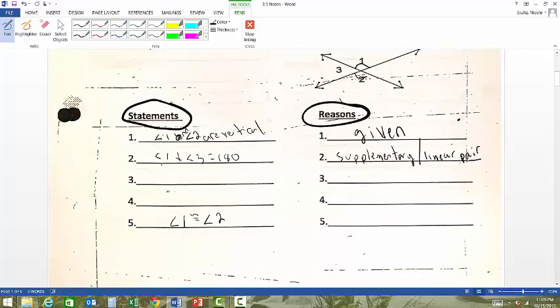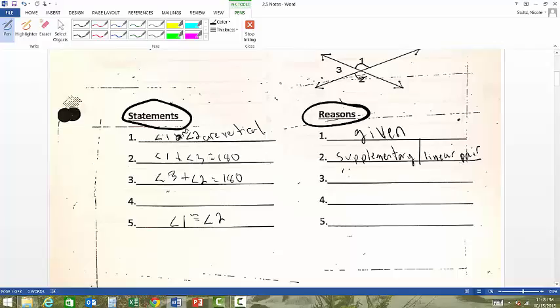So we've got angle 1 involved. Now I need to get angle 2 involved. Likewise, I can go ahead and say that angle 3 plus angle 2 also equals 180. And that's for the same reason. They're supplementary angles, or they form a linear pair. But the good news is I don't need to recopy this reason.